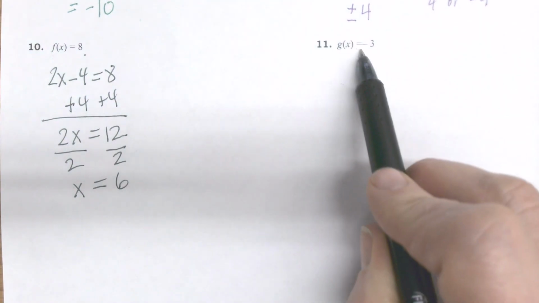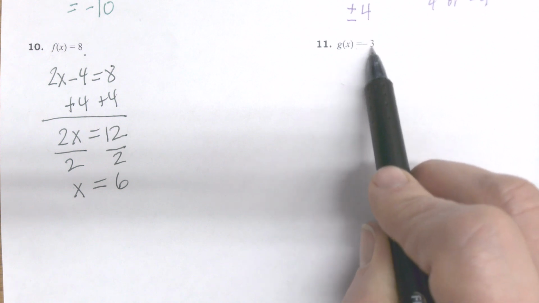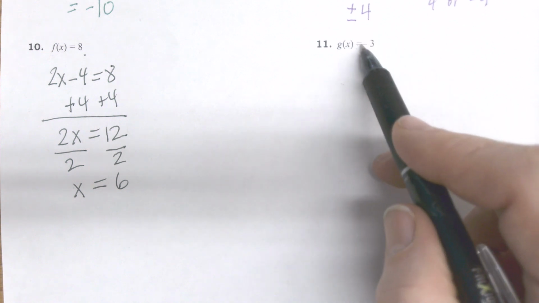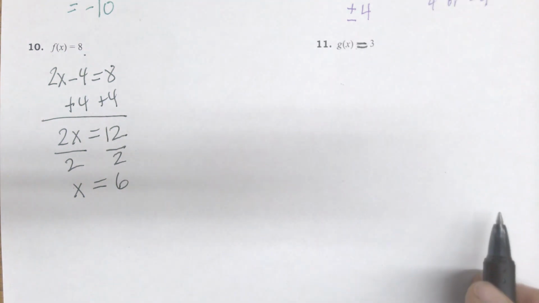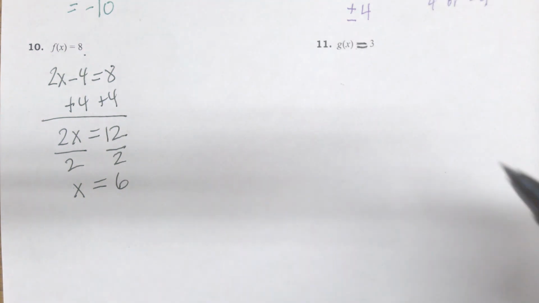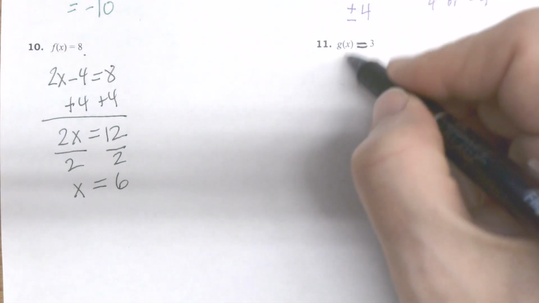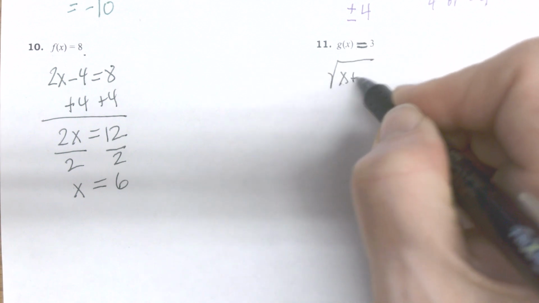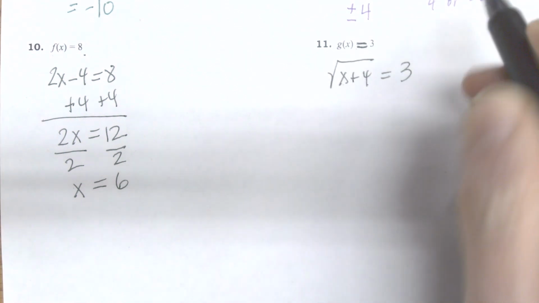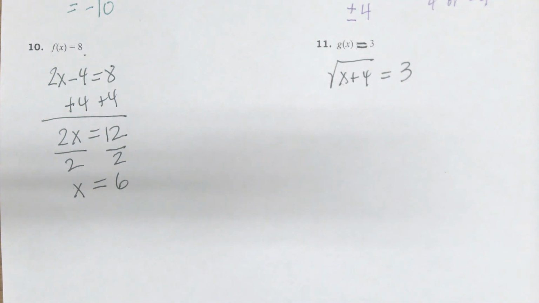I'm going to do the same thing with this next one. That looks like a negative 3, doesn't it? But I don't think it is. We're going to make it a positive 3, okay? I think it was just a bad copy. So this tells me the g function, that means the square root of x plus 4 equals 3. It'd be 9.